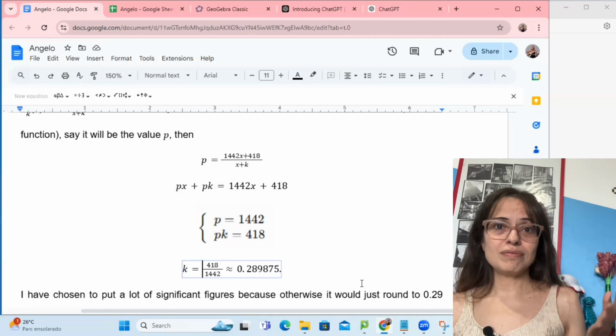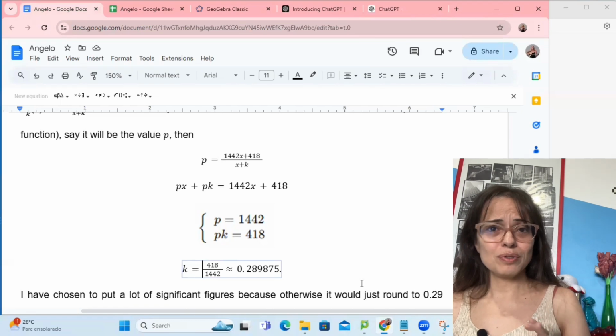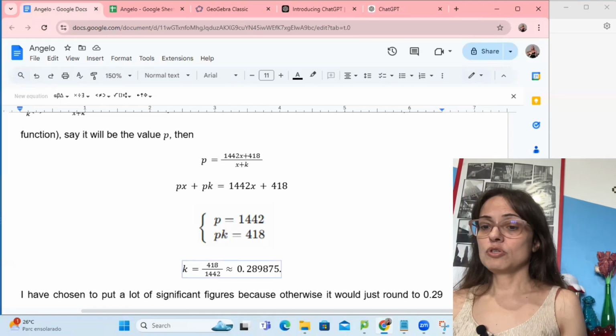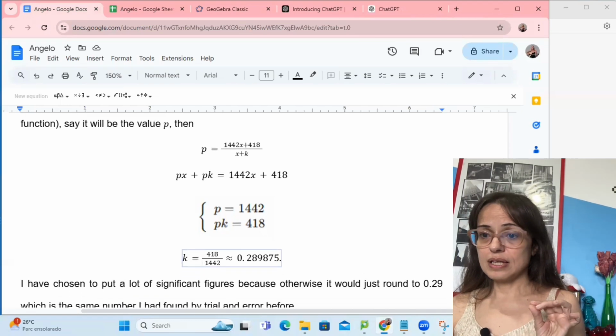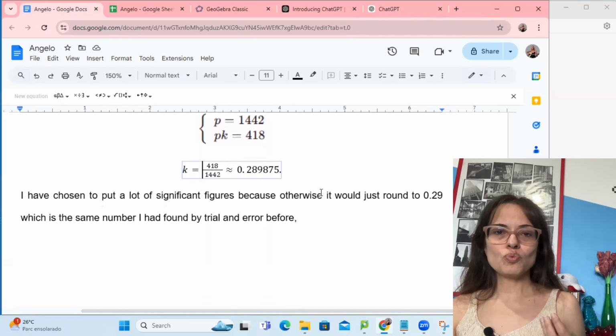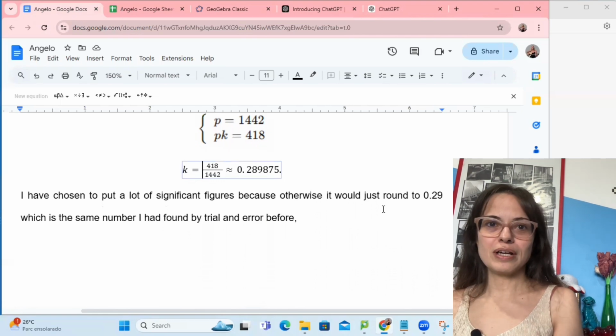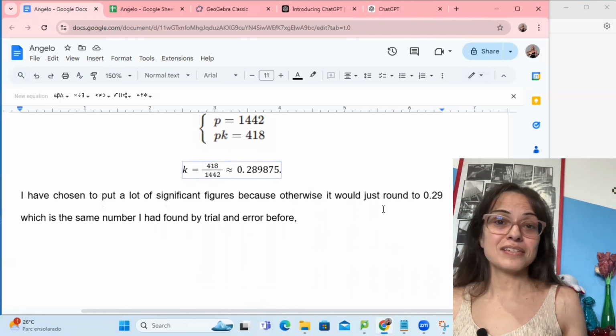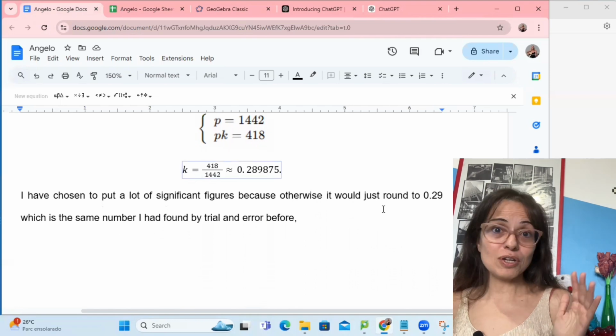But I think there's a limit to how rigorous we want to be with that, so I'm just going to leave it like that. And I did say I chose to put a lot of significant figures because this just rounds to 0.29 so neatly that it would look as if I was just saying the same number again.